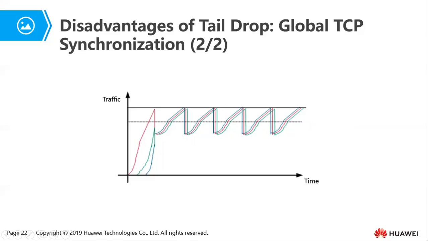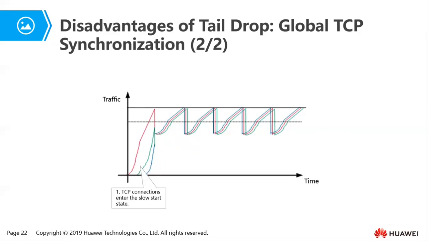So you now need to understand this phenomenon called TCP global synchronization. These are just TCP data: this is TCP data from one computer, this one from another, and this one from another one. Let's see what is happening here. TCP connections enter the slow start state.